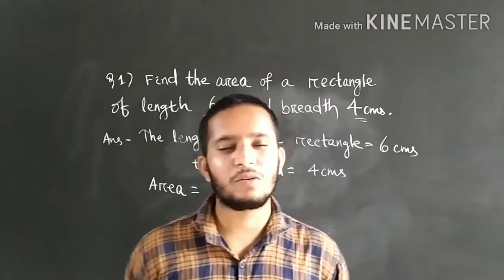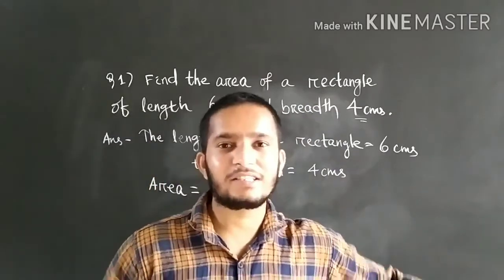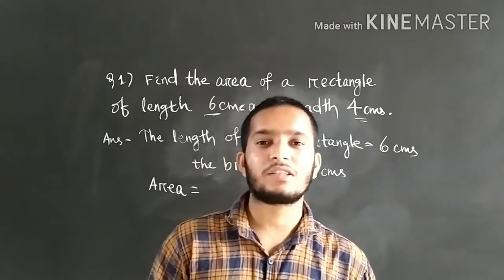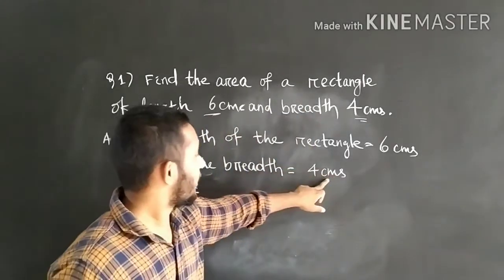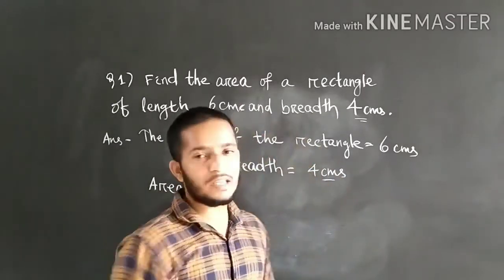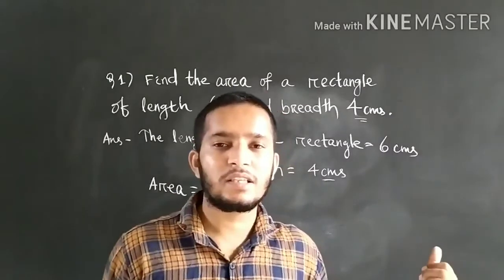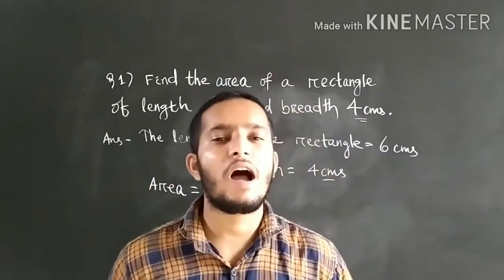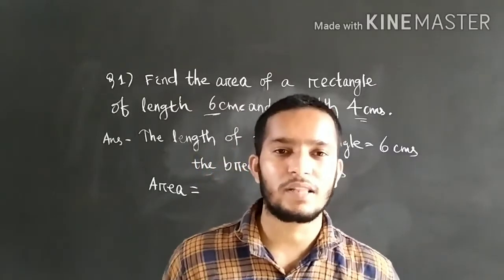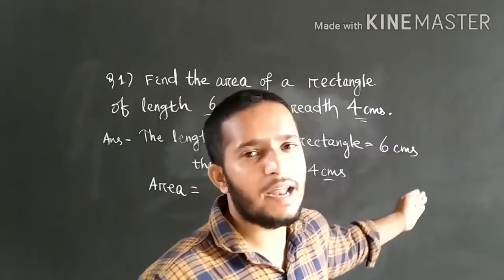The area is how many total small squares of equal unit are inside this rectangle. That is the area of this rectangle. And how will we find how many squares are there? This is just the multiplication of the length and the breadth.